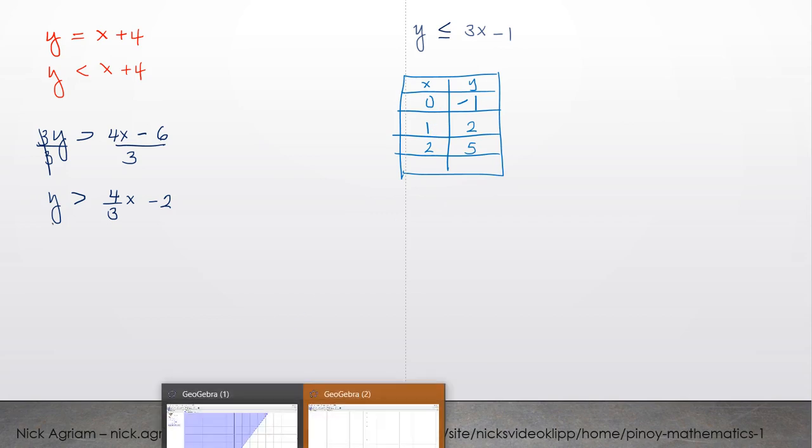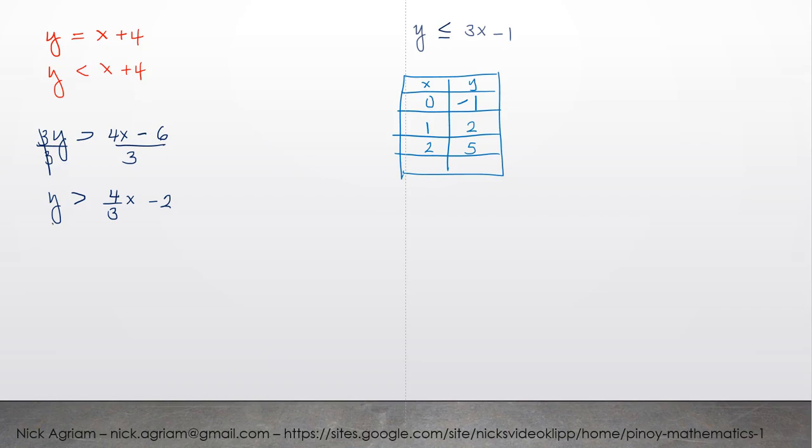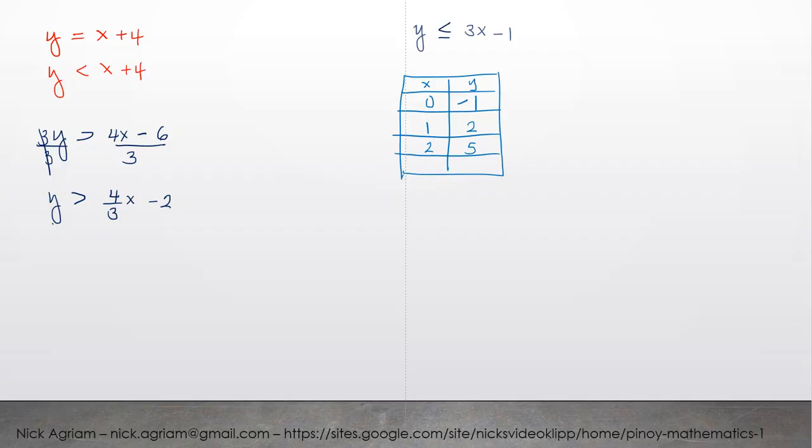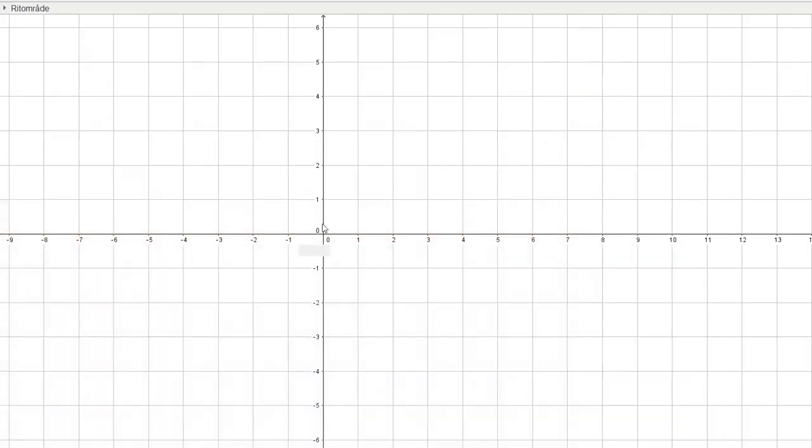Then you can plot that in your coordinate system. We have what we got: 0, -1; 1, 2; 2, 5. So we have 0, -1, here is my point.